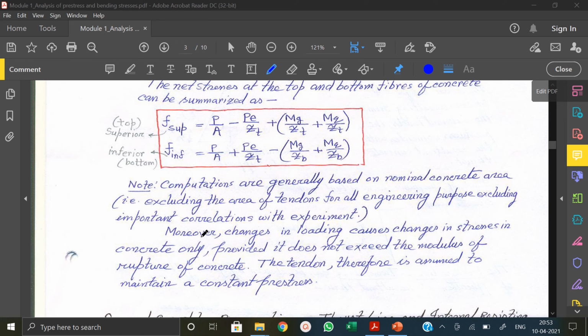That's what we have said at the beginning, that the tendon is already elongated, so it won't take much. It is in an active state, so whatever loading comes will change the stress in concrete only. The tendon therefore is assumed to maintain a constant pre-stress. It is always in the active state, providing its ultimate strength. So whatever load is coming, it is taken by the concrete alone.